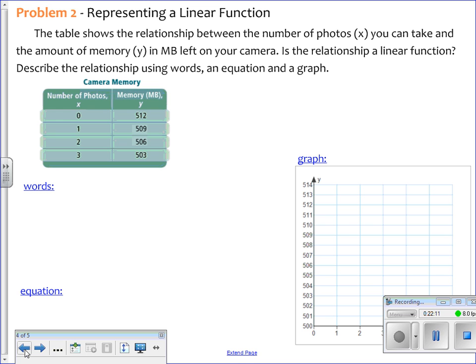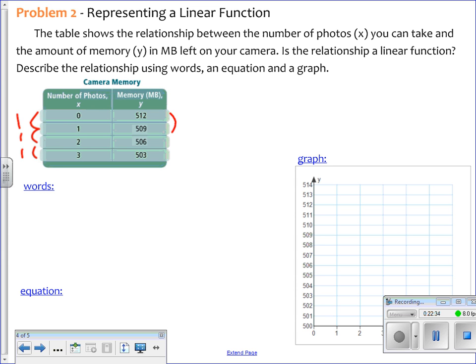How much does the number of photos increase by each time? When I go from here to here, how much do I go up by? These are all the same, which makes it easy. Now, here I don't go up. I go down.